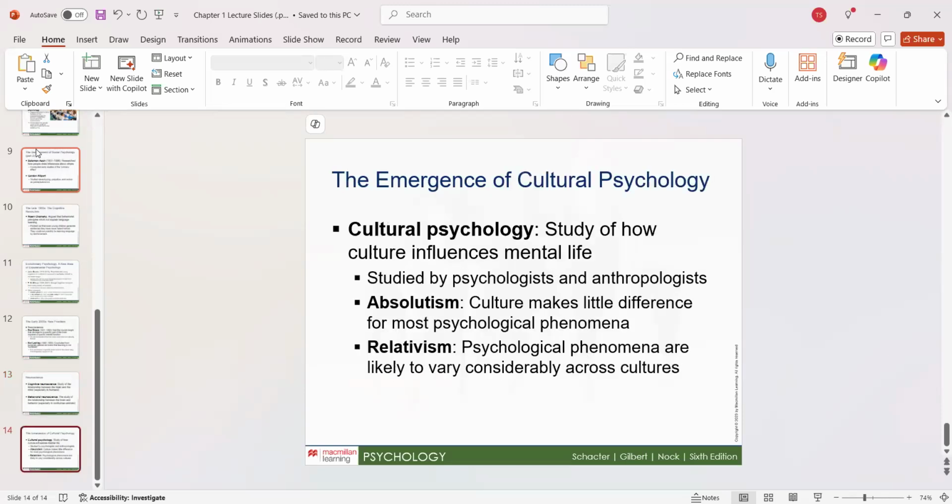And then last but not least, we have cultural psychology. And cultural psychology focuses on how people within a culture can interact with one another based on their culture, as well as how people between different cultures can have an effect on each other based upon their cultures as well.